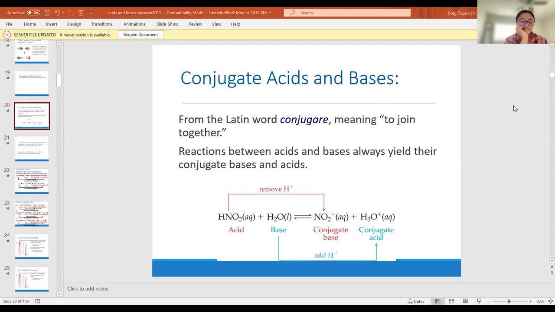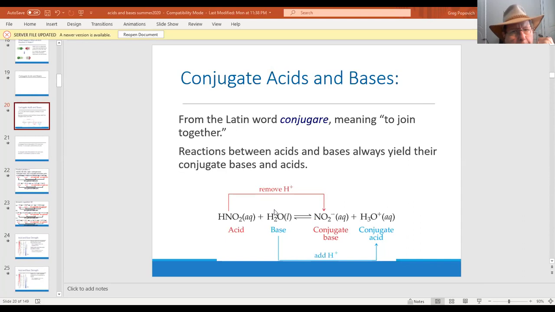Okay. Now, what happens when you put an acid into a solution? Immediately, that acid is going to make a base out of something else. When I put it in the water, the acid is going to donate its proton. If I have nitrous acid, the H from the HNO2 is going to donate that proton to the base.